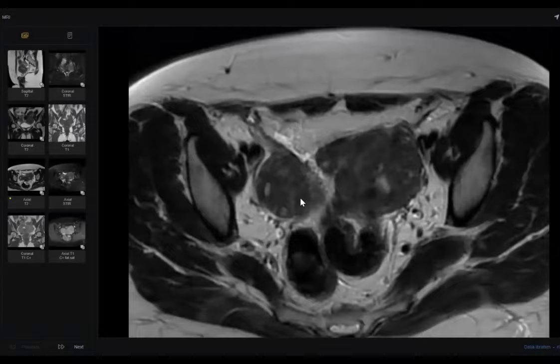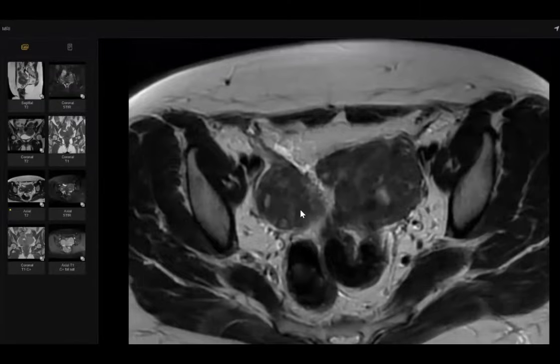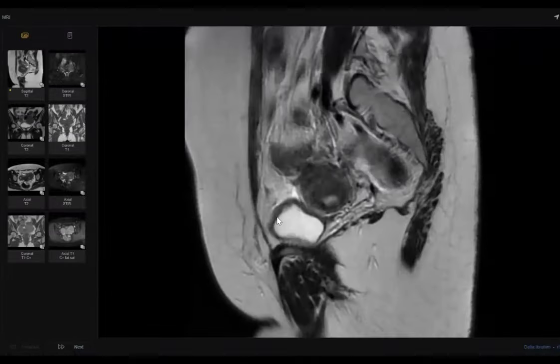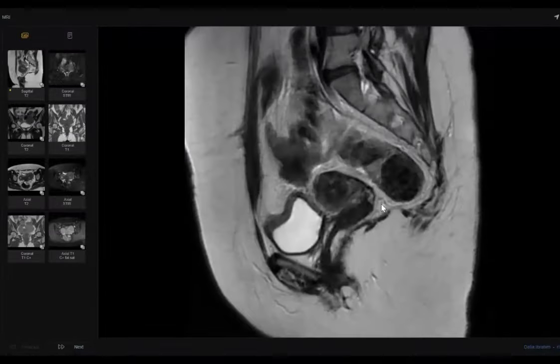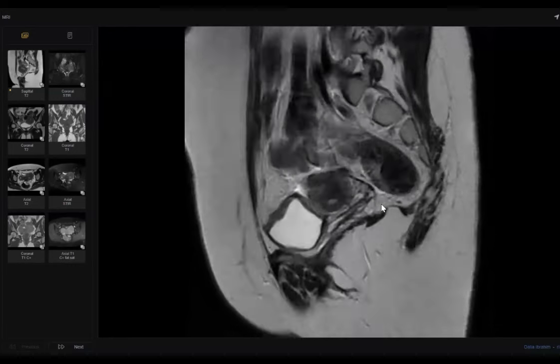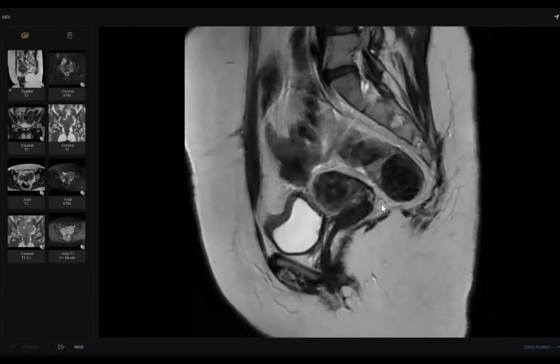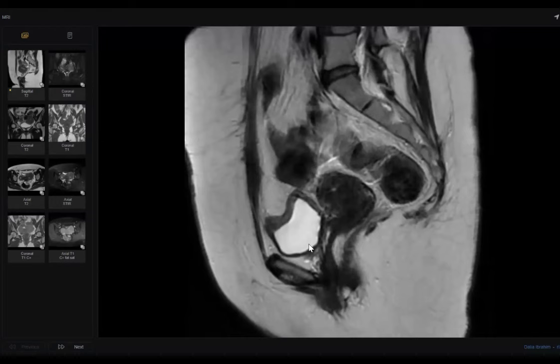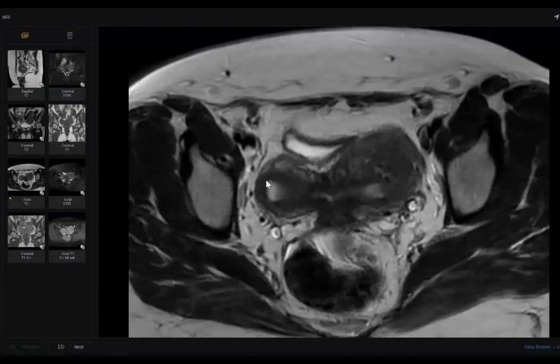endometriomas. I think in the urinary bladder there is something. Yes, you are correct. Here, in this case there is signal abnormality. Let me check. Yes, here there is some thickening or signal abnormality in the urinary bladder.